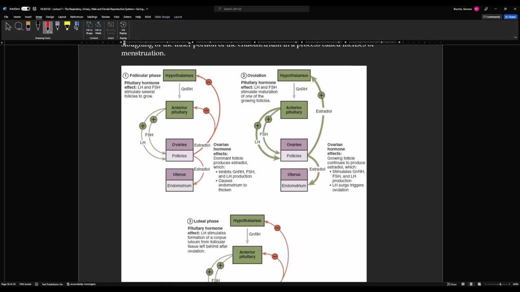So the hormone control of the female reproductive system is a lot more complicated. There are three different phases: a follicular, ovulation, and luteal phase. The follicular phase stimulates the oocyte follicles that we saw on the previous page. It stimulates one of those to begin growing in preparation for release.